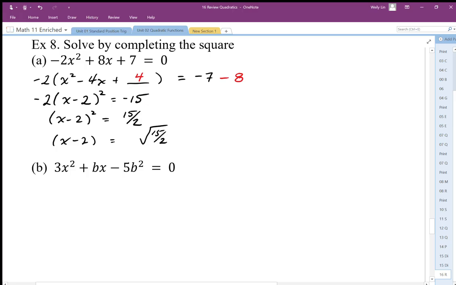Anytime I undo squares with square roots, there's a plus minus involved here. Then solving for x, we get x equals 2 plus minus square root of 15 over 2. That solution is good enough because it's actually in simplified form.